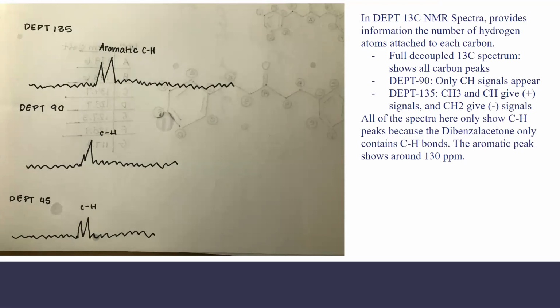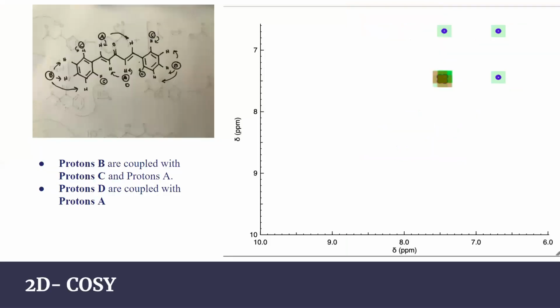DEPT 135 shows CH3 and CH signals, which give a positive signal, and CH2 gives a negative signal. All the spectra here only show CH peaks because dibenzyl acetone only contains CH bonds. The aromatic peak shows around 130 ppm.